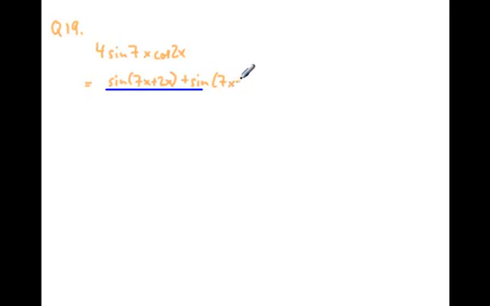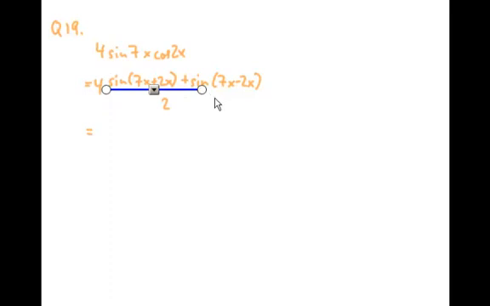And number 19 is going to be 4 sine 7x cosine 2x, and then I'm going to use those product to sum identities, and sine cosine is going to be, need the fraction bar first, sine 7x plus 2x plus sine 7x minus 2x, divide by 2, and then I forgot that 4 there, so there it is.